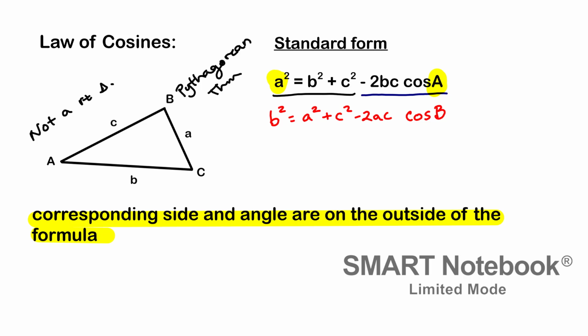I can do the same thing if I want to actually end up finding the side c. So I start off with the side that I want to find, c squared, and I look at the end of the formula, the cosine of its corresponding angle, and then I say, okay, well, let's go ahead and fill in the Pythagorean theorem part. The other two sides that I don't have so far are a and b, okay? And then we can end up looking at the negative 2 times those remaining sides, negative 2 times a times b times the cosine of C.